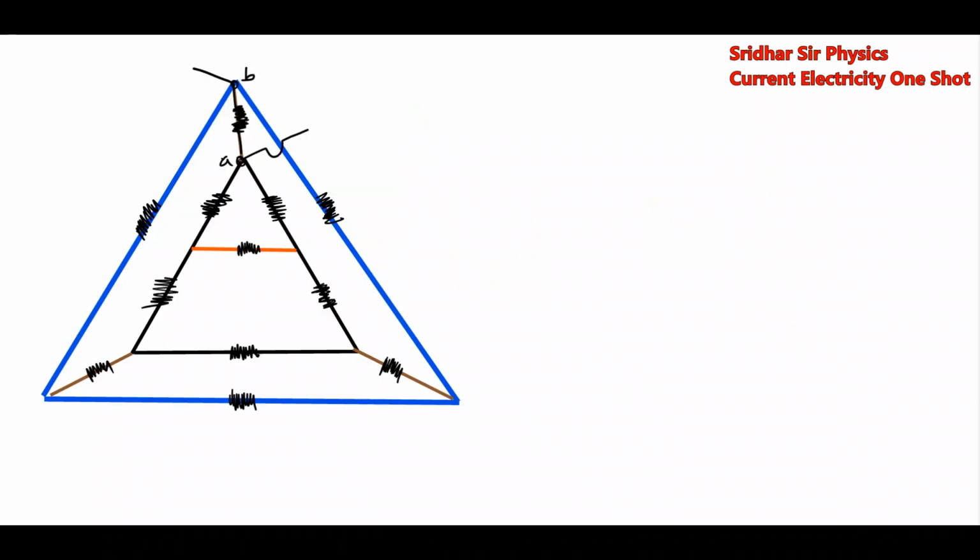No. We have to calculate the effective resistance between points A and B. From here, let the current I1 enter. Let R be the resistance of all the branches. Current will not branch: I1 and I1. These are points 1 and 2. Further, the current will not branch: I1 and I1.